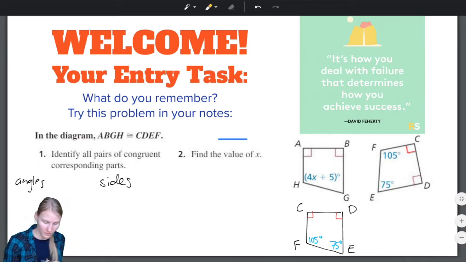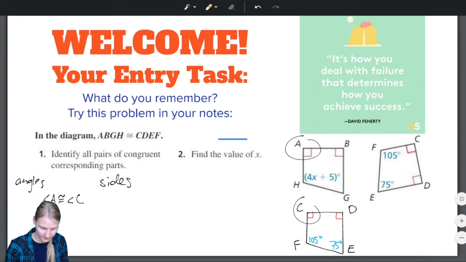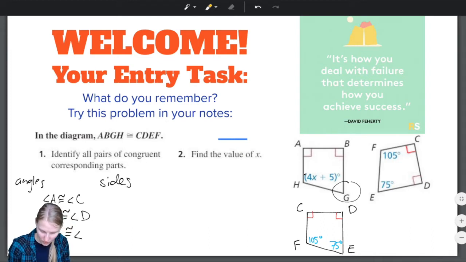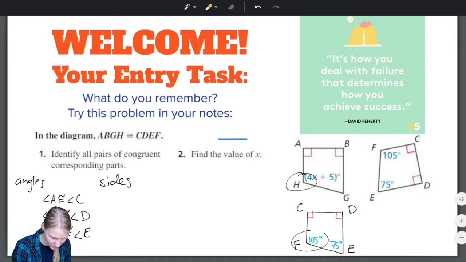So the angles, I have angle A is congruent to angle C. I have angle B is congruent to angle D. Angle G is congruent to angle E. And lastly, angle H is congruent to angle F.